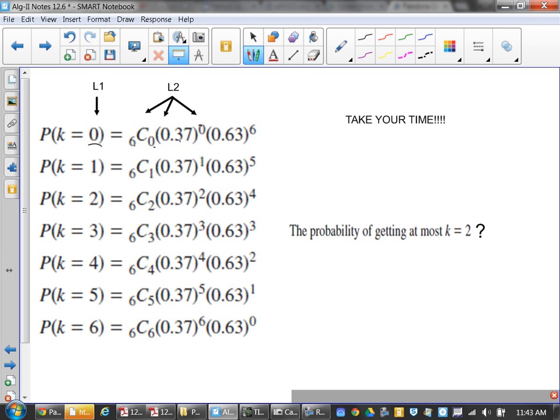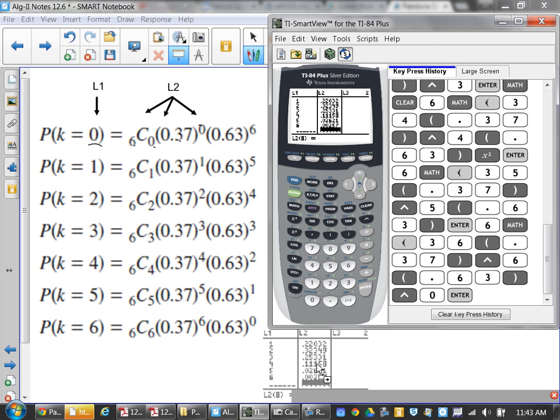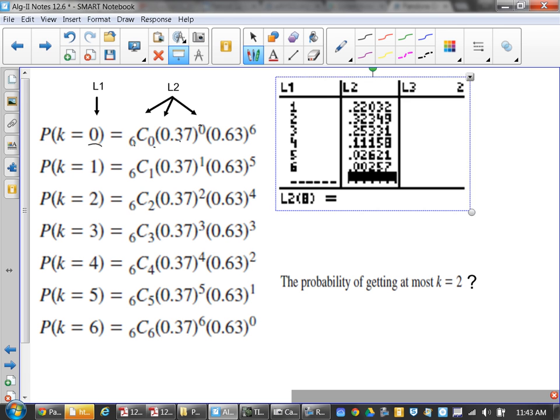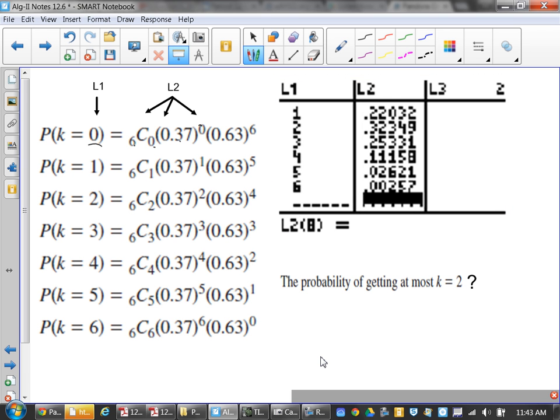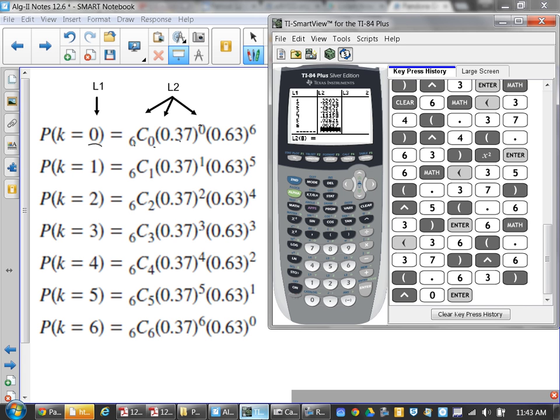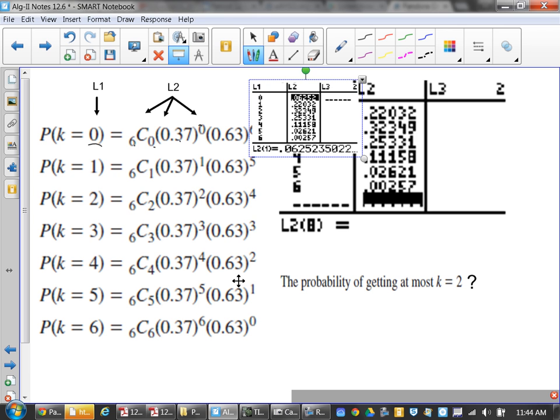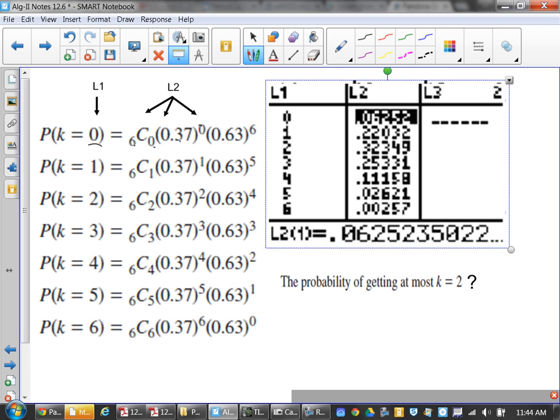32 plus 2? Hold on. So it would be like 50 plus 2 plus 2. Think about what that's asking you. The probability of getting at most 2 successes. Well, that means I can have 0 successes, I can have 1 success, and I can have 2 successes.